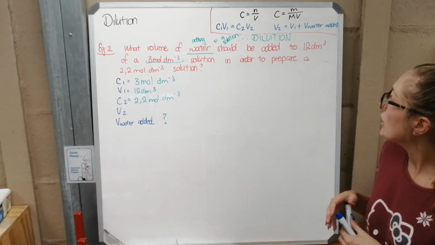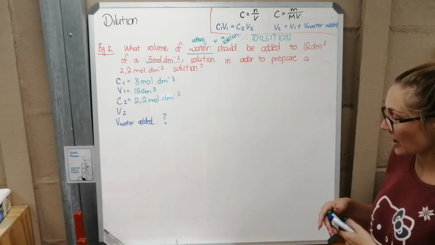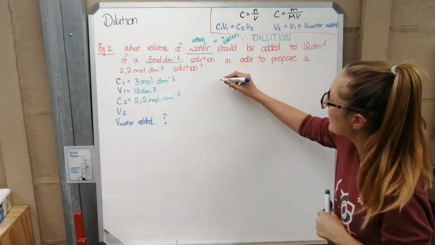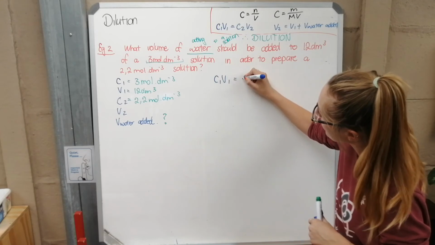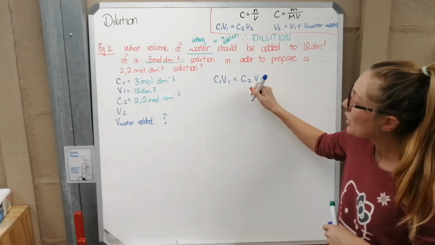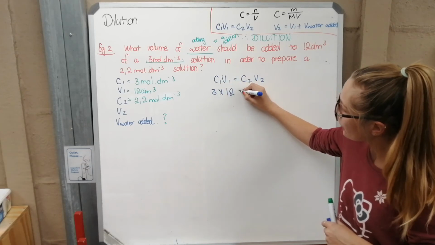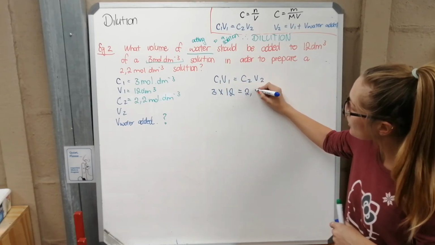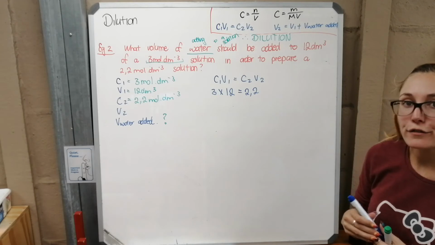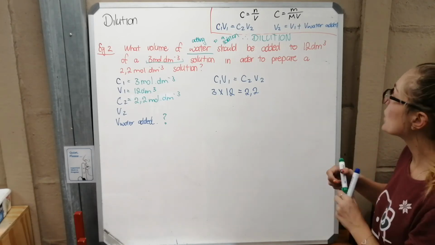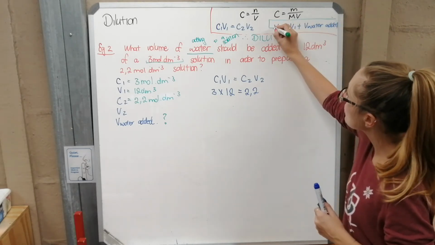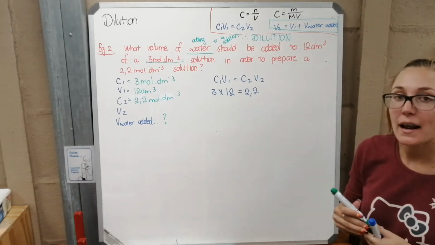We know this is dilution, so we write the dilution equation. C1V1 equals C2V2. We know C1 is 3. We know V1 is 12. We know C2 is 2,2. We don't know V2, but we do know that V2 equals V1 plus water added.